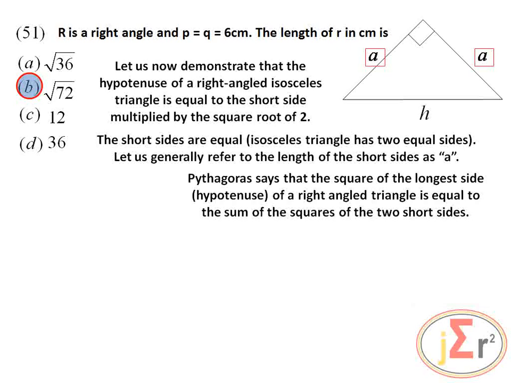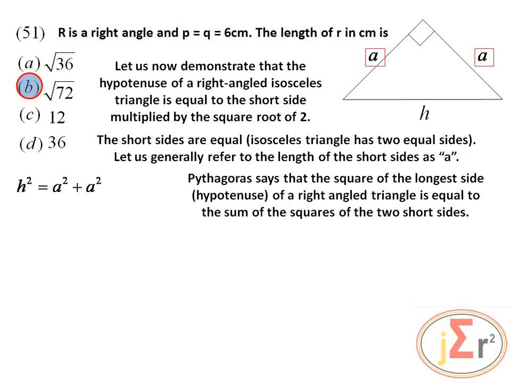Pythagoras says that the square of the longest side, which is the hypotenuse of a right-angled triangle, is equal to the sum of the squares of the 2 short sides. We are using Pythagoras' Theorem to determine the hypotenuse. And it says that the square of the longest side is equal to the sum of the squares of the 2 short sides.